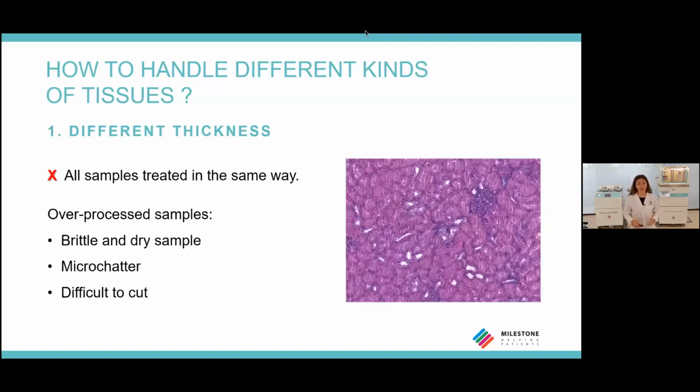This is less known, but artifacts are present also in tissues that are over-processed. Here, for example, in this image, we have a biopsy that shows the effects of over-dehydration, where the sample becomes very brittle, dry, and we can see microchatters at the edge of the tissue.